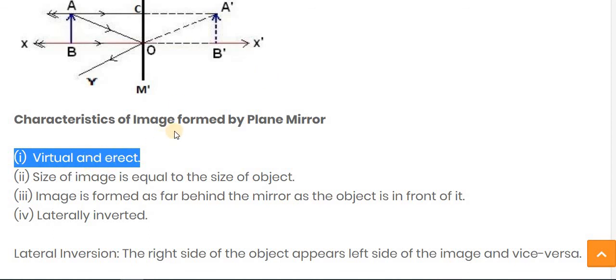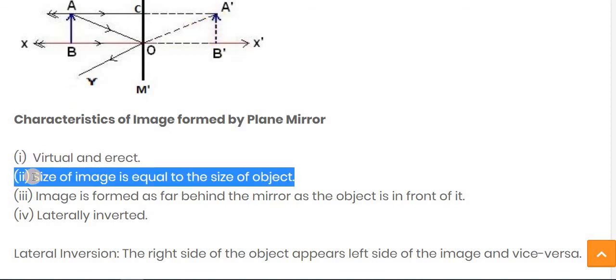So in that case, the image is called virtual, and it is found erect. Erect means सीधा, straight. The size of the image: you can compare in this figure that the object side as well as the image side are both the same.